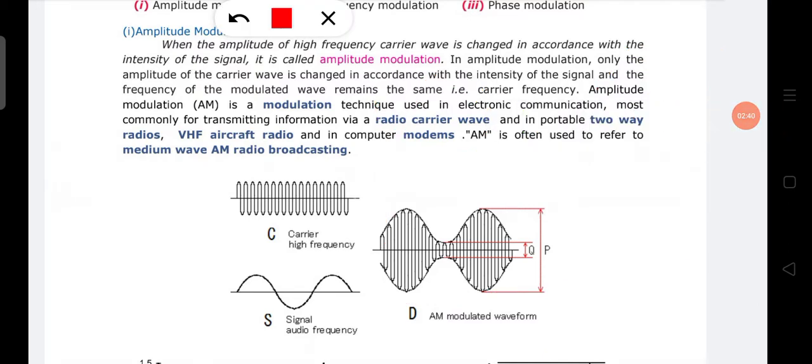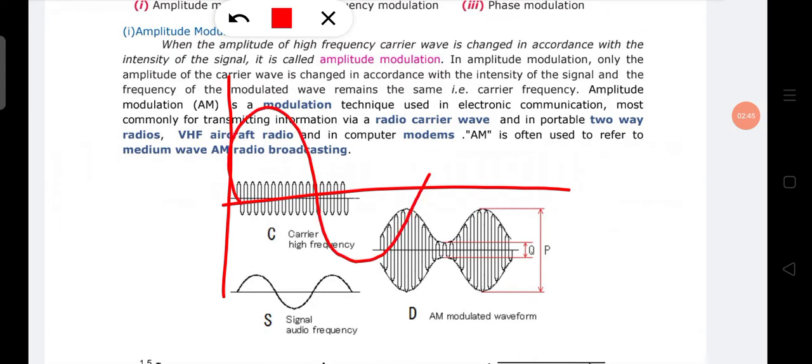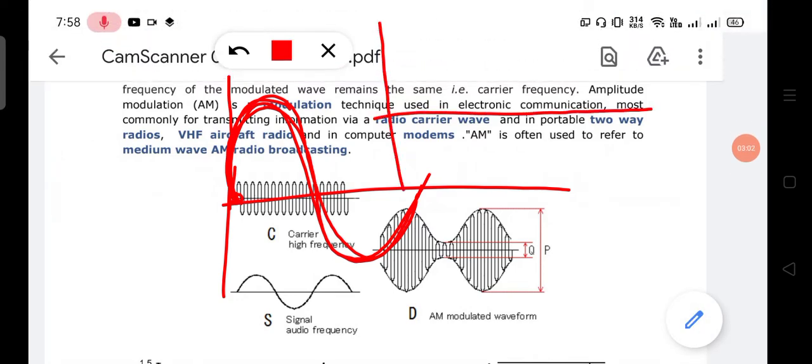Another one is phase. You see, this is 0 degree phase, because it is coming from the origin, in the positive and the negative.